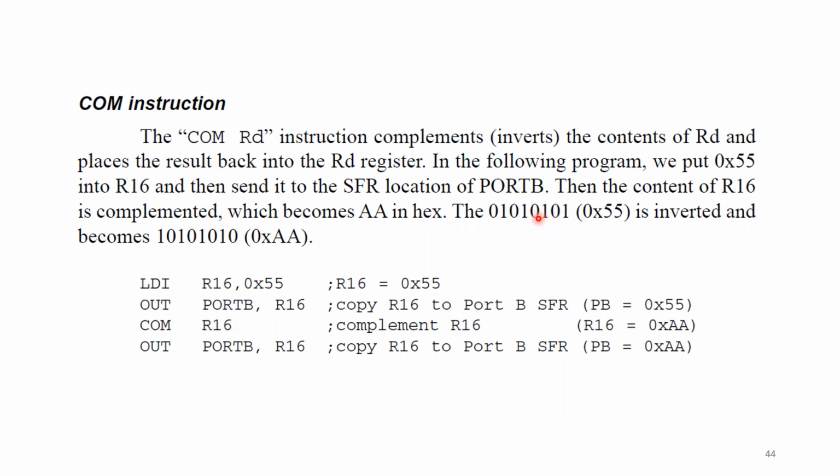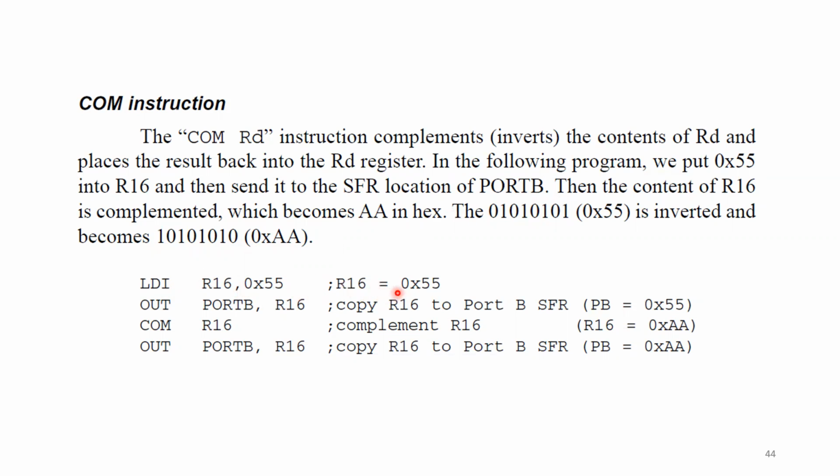So 2 plus 8 is 10, which is represented as the letter A in hexadecimal. So this would be the value of the 55 complement. So let's see together the instructions to implement this code. Firstly, LDI R16 with 55 hexadecimal.